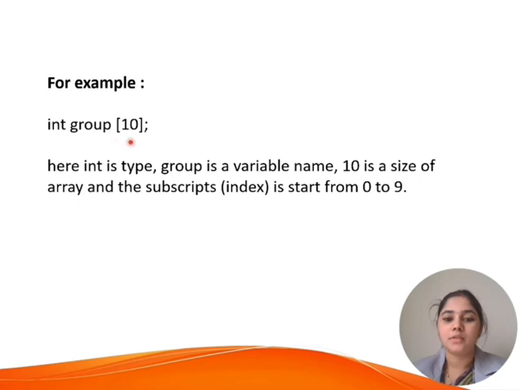Here the size is specified as 10. So int is the data type, group is the variable name, and 10 is the size of the array, which means the index values start from 0 to 9. So there are 10 elements which can be stored under this array, a group of 10.